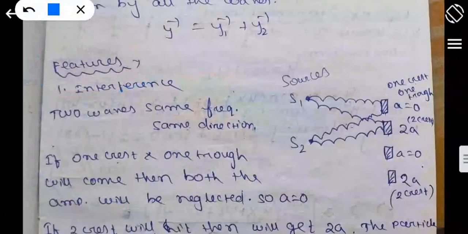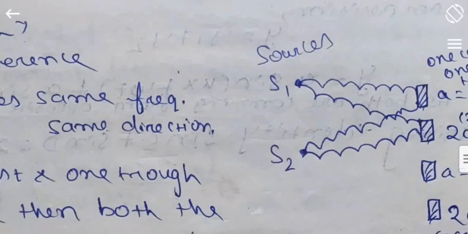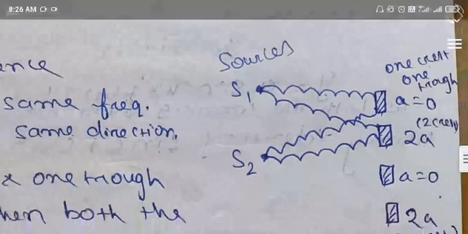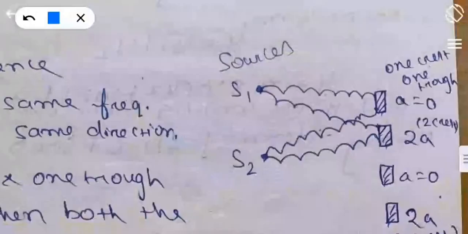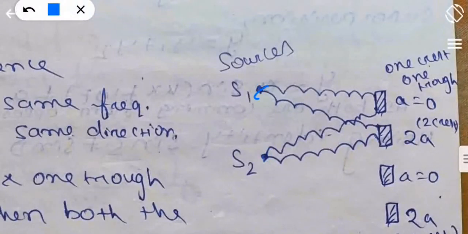Next, if a source is present here and it is producing a wave, let me make a broader diagram like this. Here various sources are present, source 1, source 2, source 3, like this, and from single sources so many waves are going to be created.